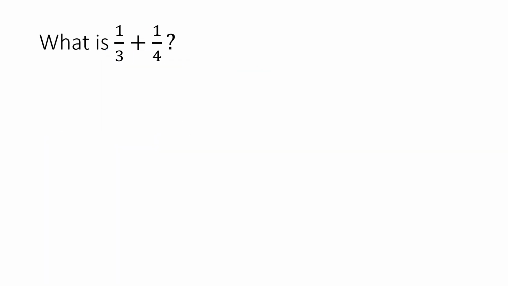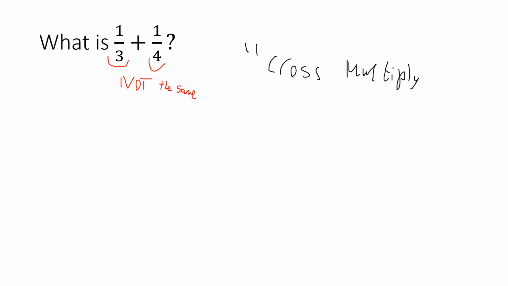What about if it's something like this? As you can tell here, our denominators are not the same. In order to make them the same, we're going to do something called cross multiplying. So for this example, we have 1/3 plus 1/4, and we're going to cross multiply each of these.